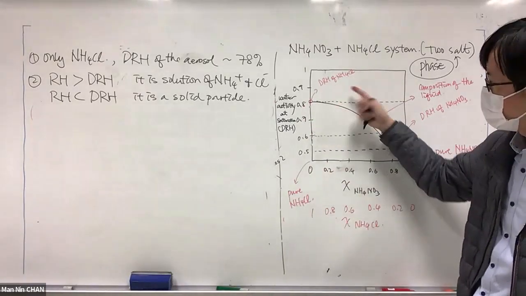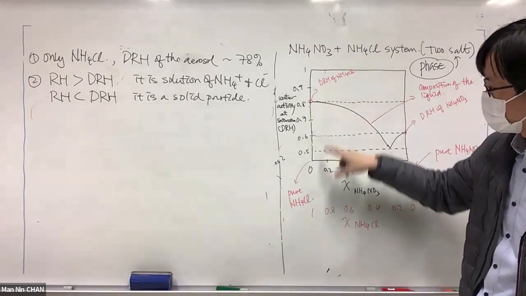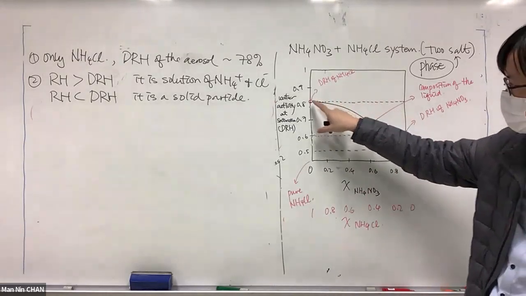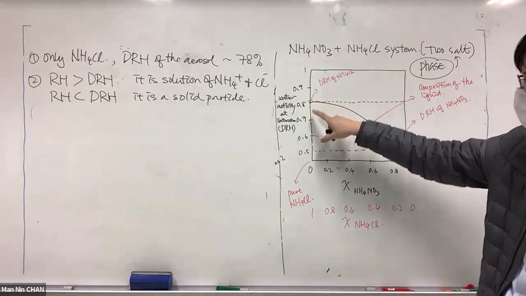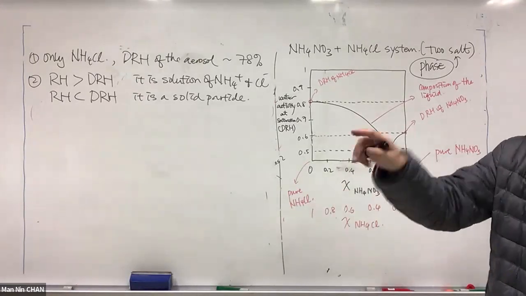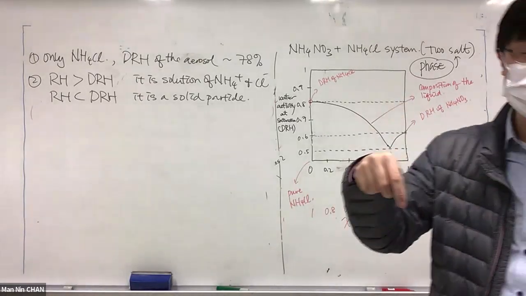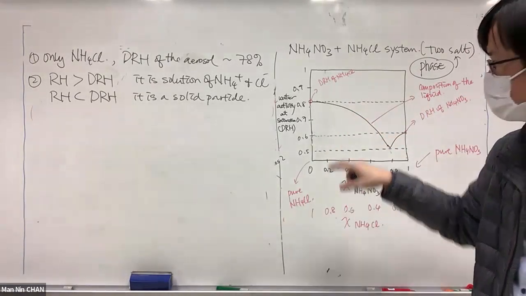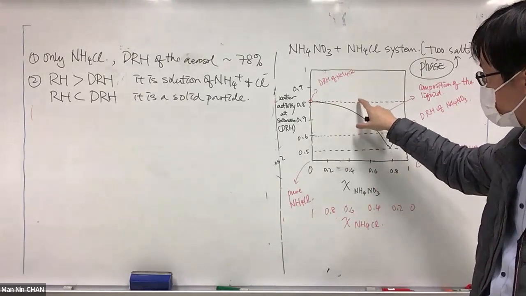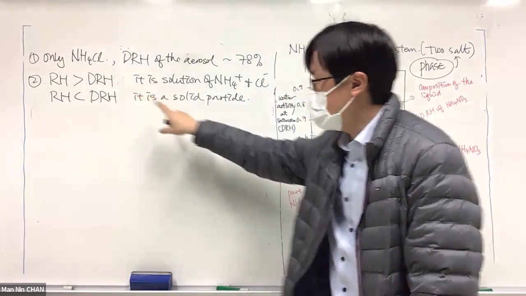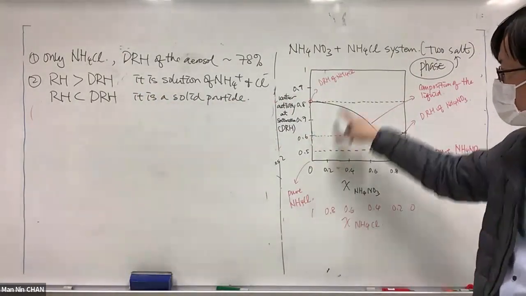What we have to know about this RH is that for all compositions, this deliquescence RH is below the DRH of my pure salt. If you remember, we just discussed that if you add another salt to the system, the deliquescence RH of your mixture will be lower, so it's always lower. Therefore, your RH is larger than the deliquescence point, in this case of ammonium chloride.